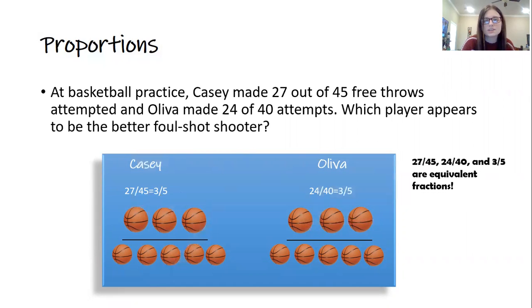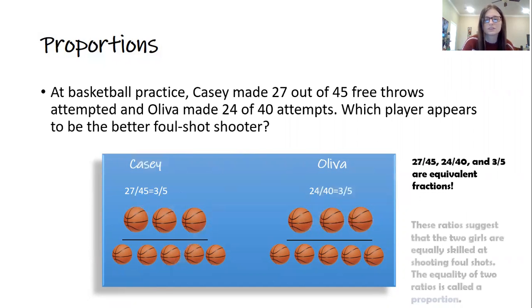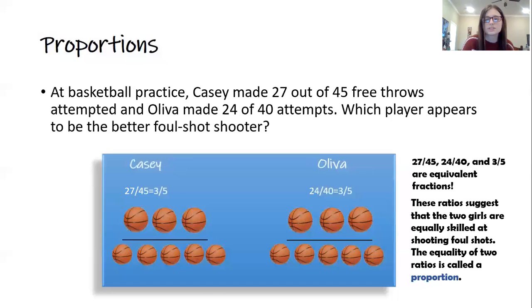And as you can see, 27 over 45, 24 over 40, and 3 over 5 are equivalent fractions. These ratios suggest that the two girls are equally skilled at shooting foul shots. The equality of two ratios is called a proportion.